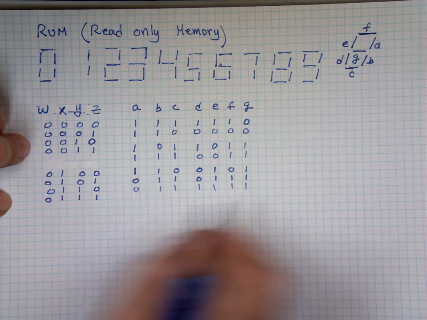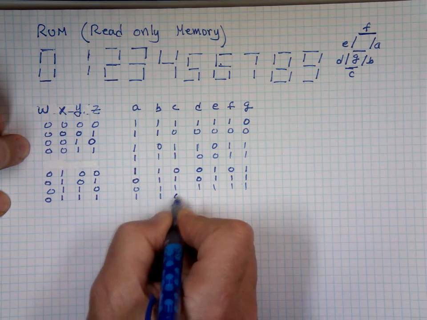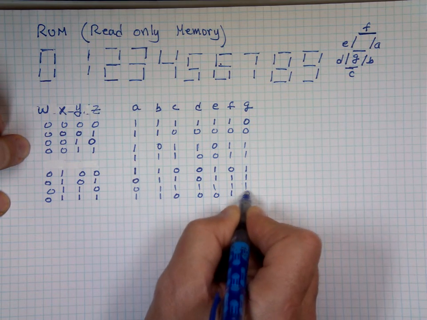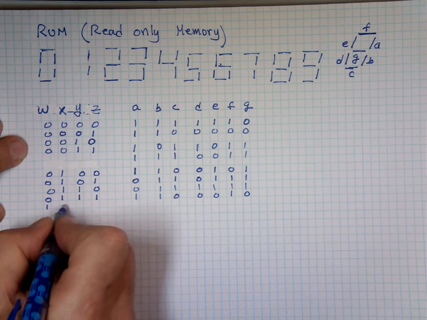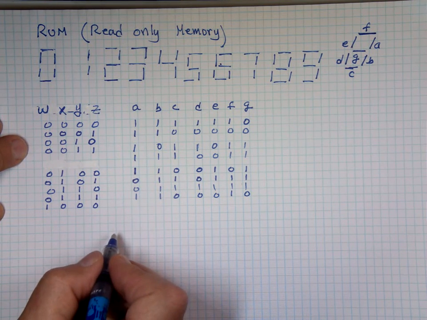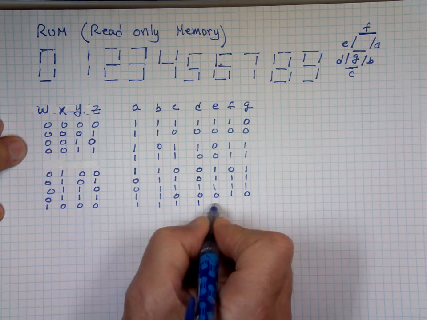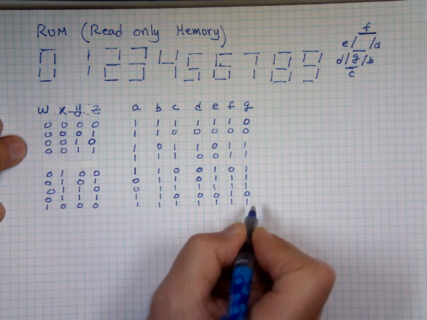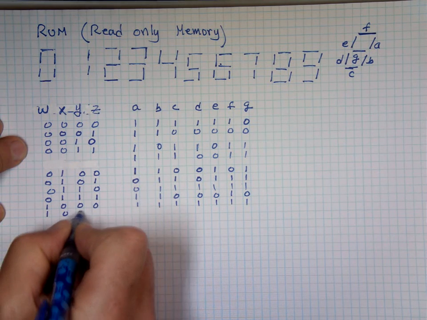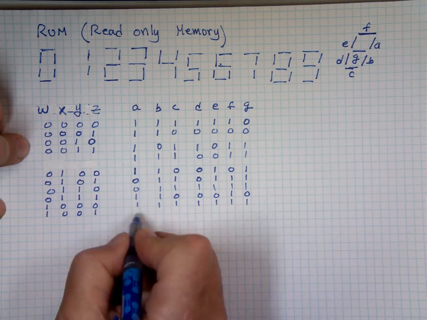F, A, and B. 8. All of them on, right? Every one of them. And 9. 9 is what? All but D.